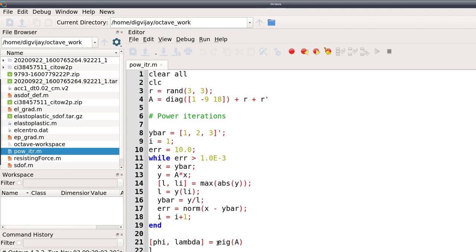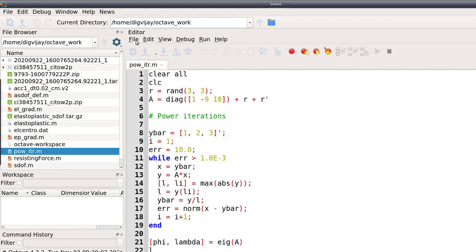I am comparing that with the standard solution that Octave gives me using eig. So these are eigenvectors, and these are eigenvalues. We will compare one value of lambda with this L, and one vector phi with this y bar. If the code is correct, both should be the same. So let us try to run this.